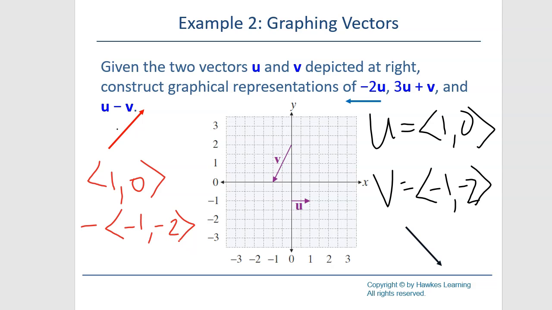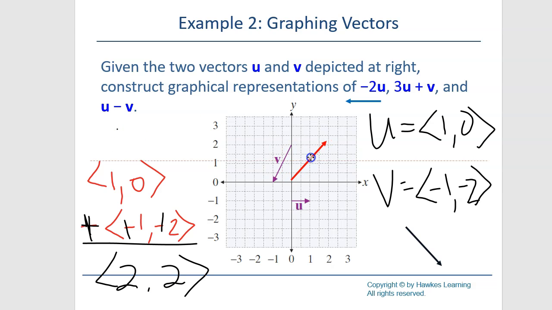Just like with numbers, and that's what I've been saying, that this behaves just like numbers. Subtracting a negative is like adding a positive. And so what do we get? We're going to get 1 plus 1, that is 2. And then 0 plus positive 2 is also 2. We get the 2, 2 vector. So is this the 2, 2 vector? If I move it in there, we see, yeah, it is. 2 to the right, 2 up.